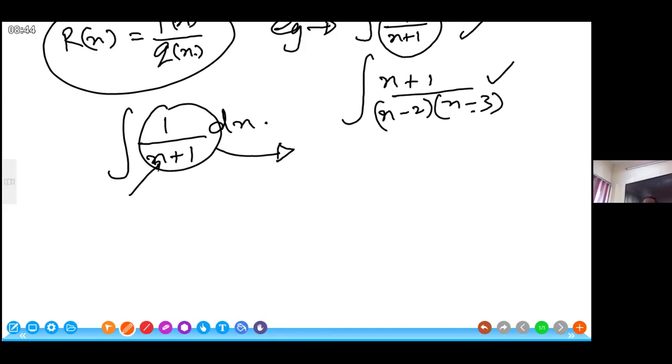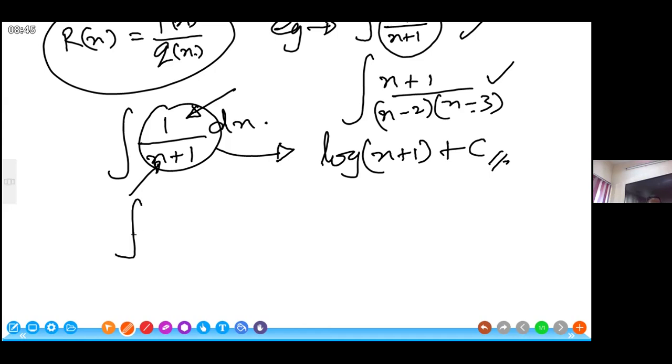The derivative of the denominator is found in the numerator, so it is a log function. So we can write it as, if you integrate that, log x plus 1 plus c. Similarly, the integration of dx by x plus 7.